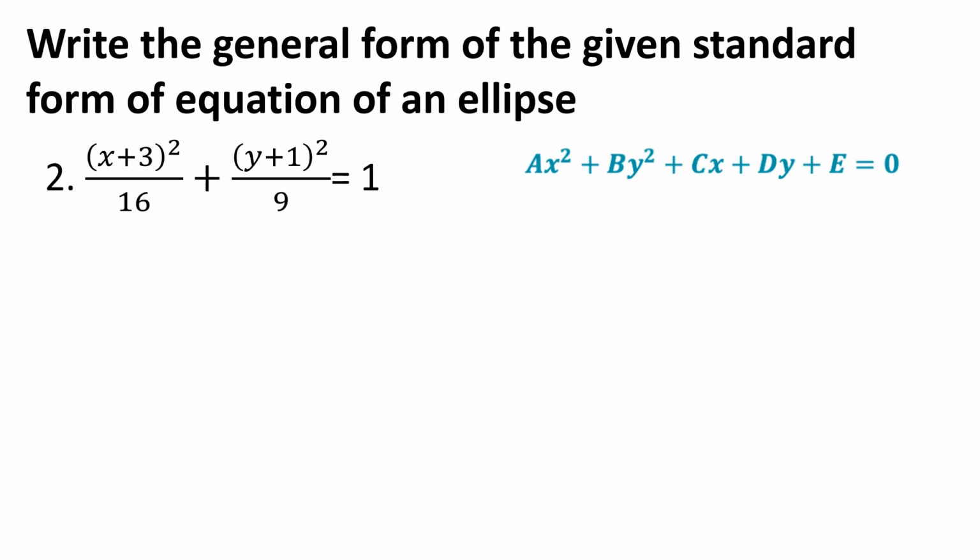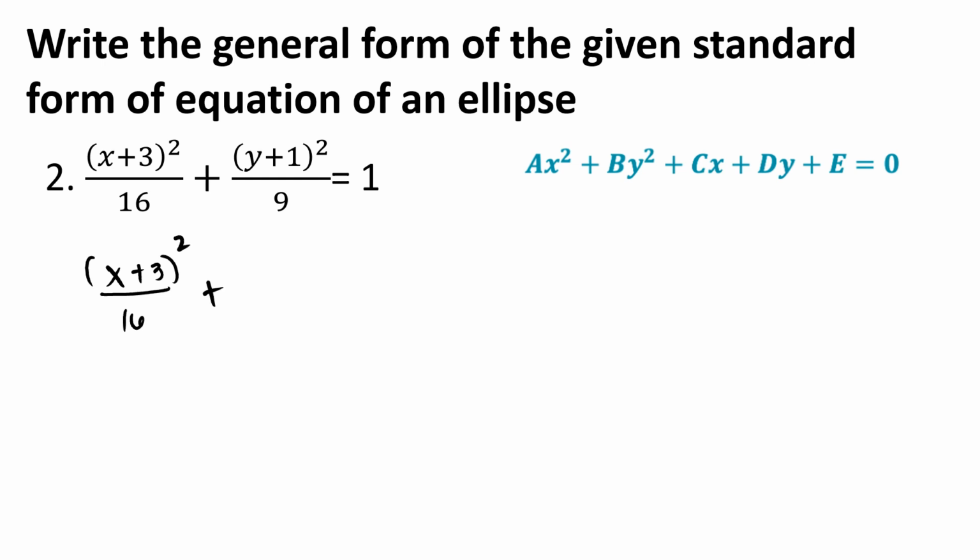Okay, let us try this example number 2. We have (x + 3)²/16 + (y + 1)²/9 = 1. So we have 16 and 9 as our denominators. So we are going to use these as our multipliers because we want to isolate the 16 and 9.